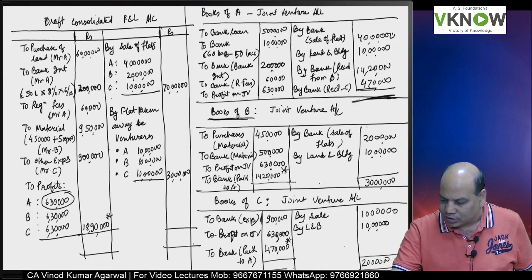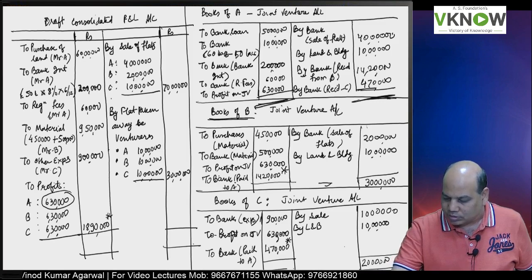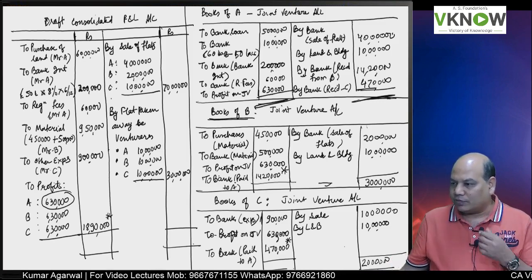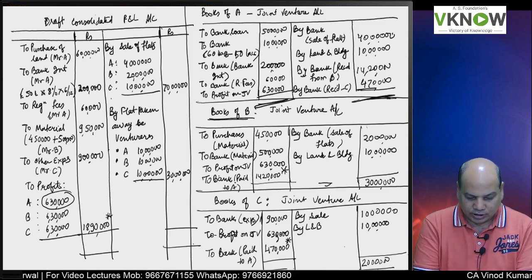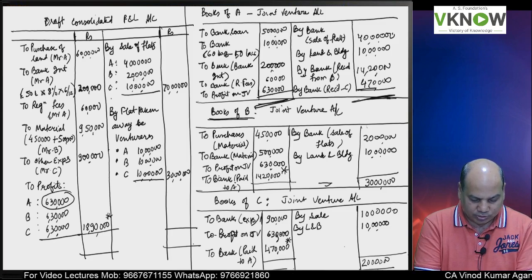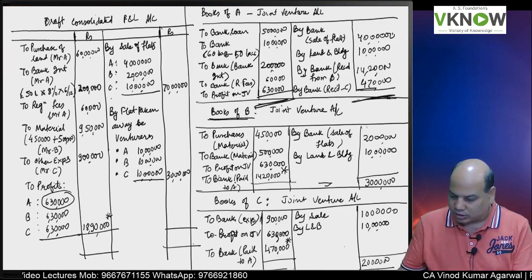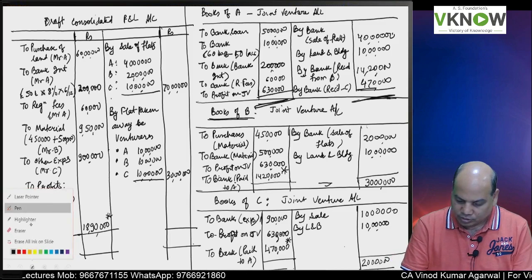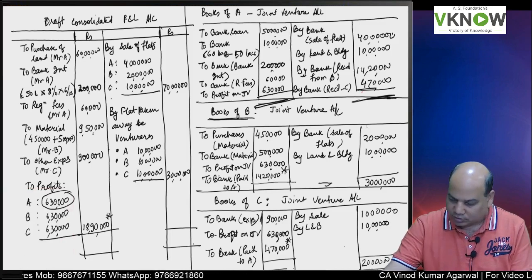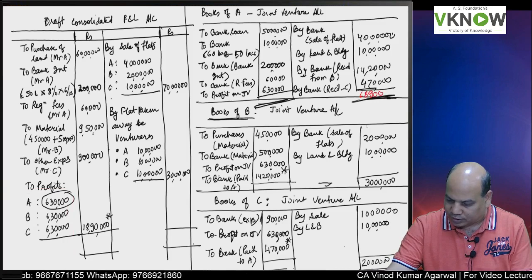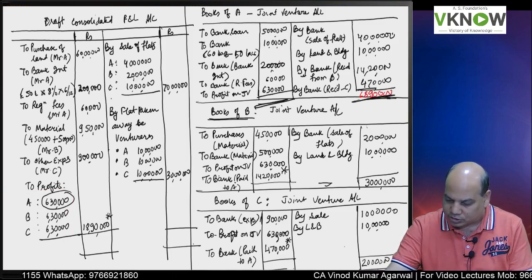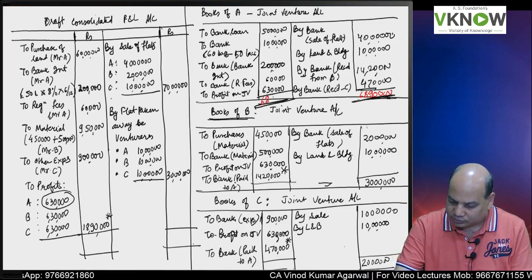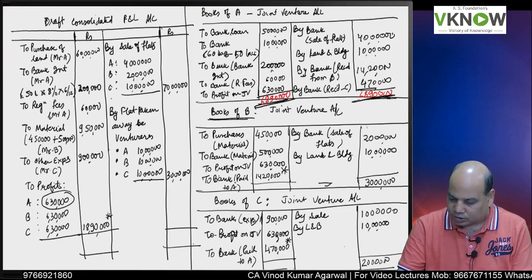Now just check whether A's joint venture account in the books of A is automatically tallying or not. If it is automatically tallying, then my job is done. So the total on the credit side I have taken is coming to 68,90,000, and then let me try on the debit side, 50 plus 10, 60 plus 2, 62, 68,90,000 again.